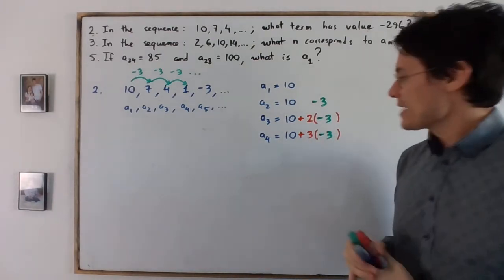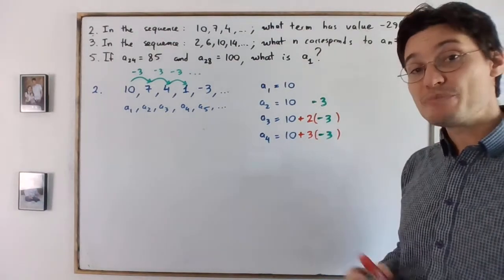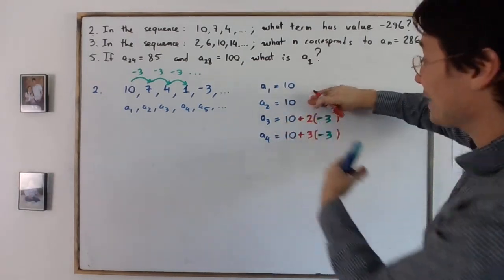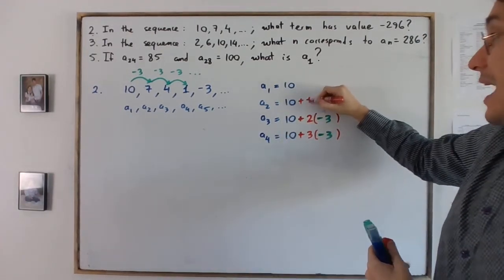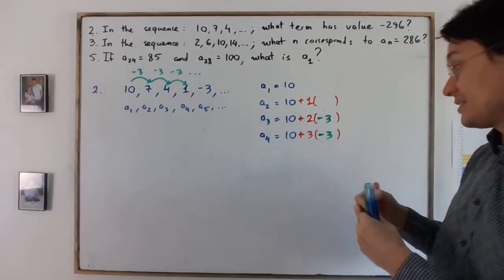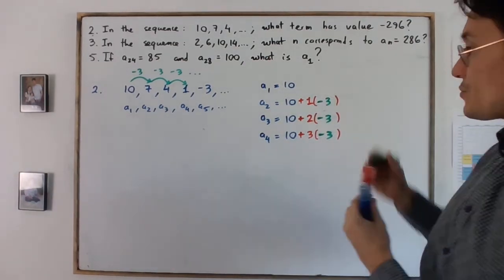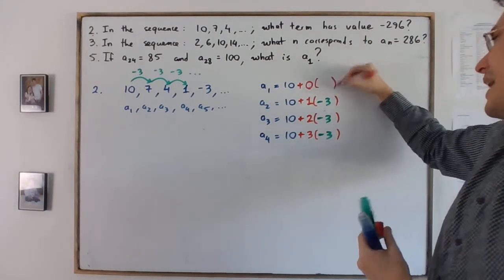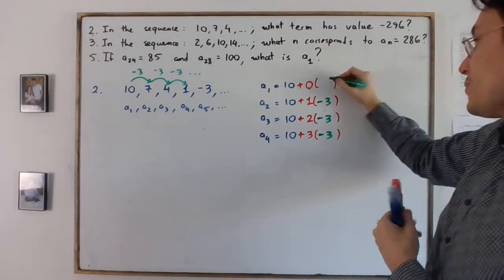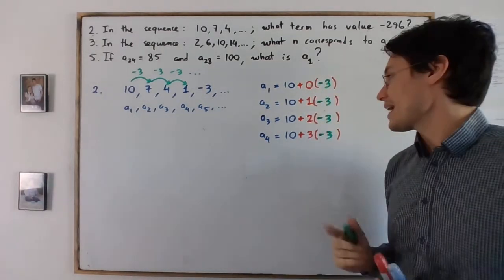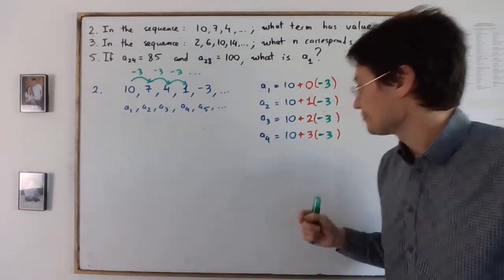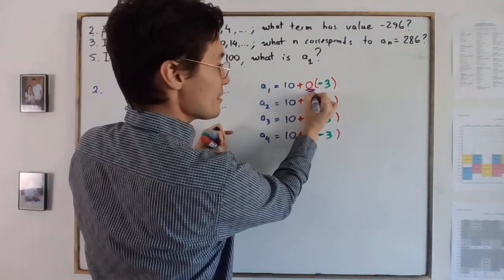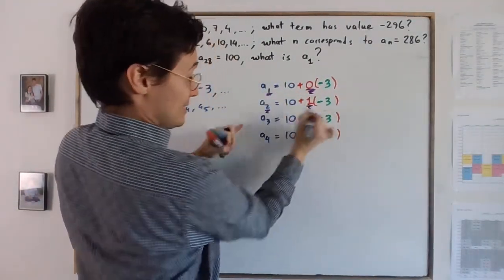Why do I do this? It's because from here it should be simple enough to identify the pattern. So for example, here you need to add once the -3, right? So if we write it in the same way as we wrote these, so +1 times -3, and here I'm going to do something funny. I'm going to say +0 times -3. You might be wondering why I'm doing this, but it's really so that I can identify my pattern well. And now what you need to recognize is that this number here is always 1 less than the number here, right?